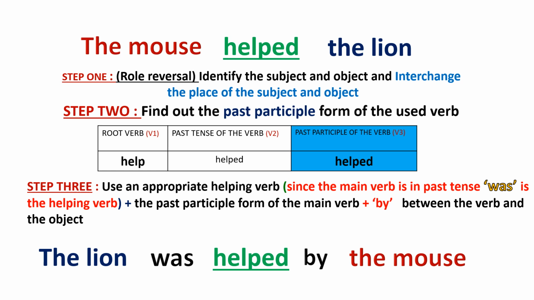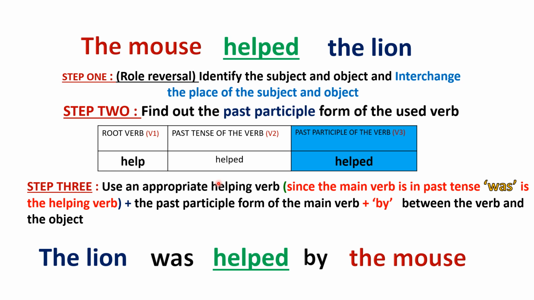Now, let us see one more sentence. The mouse helped the lion. First step is as usual, change the place of the subject and the object. Subject becomes object and the object becomes subject. The important step here is to recognize the tense of the verb. It is helped. The main verb is help.